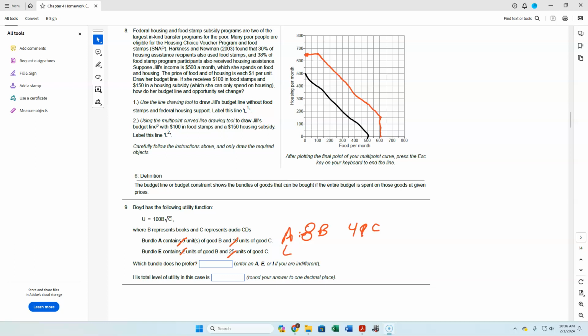And my E is 7B and 4C. Well, then all we really need to do here is substitute that into the equation. Right, so this is just plug and chug. Right, putting my 8. So for A, I would just put in 8 and 49. And then for E, well, let's just do it.